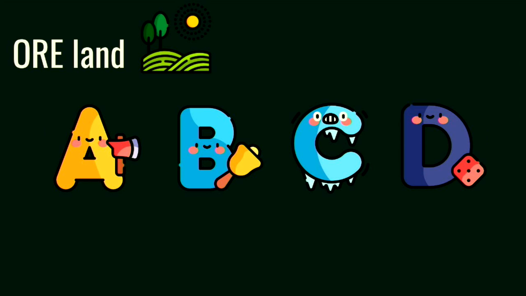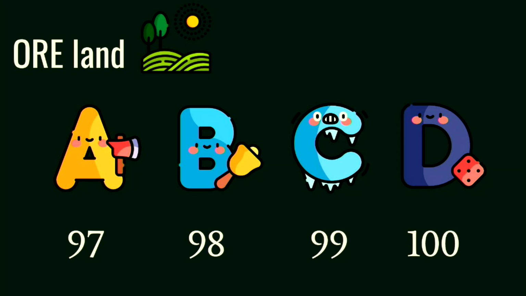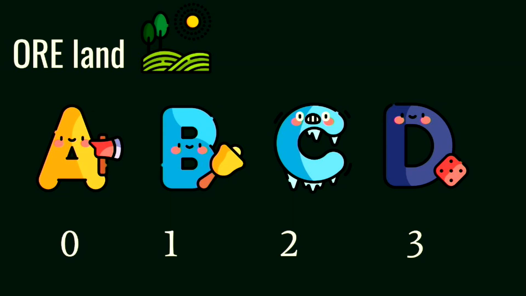And under the hood, everything's ones and zeros, right? So we have decimal values for A, B, C, and D, and they're 97, 98, 99, and 100. But we don't have those values available to us. So what we're going to do is convert those to 0, 1, 2, and 3.